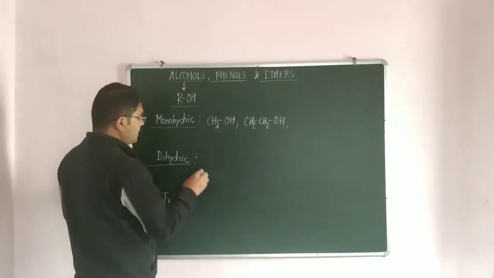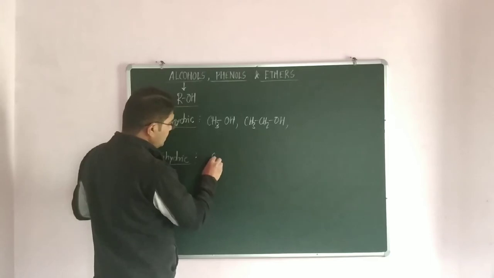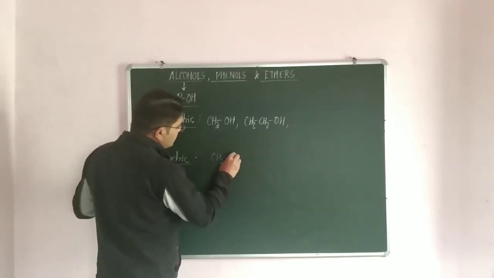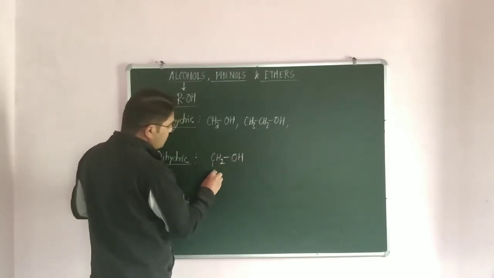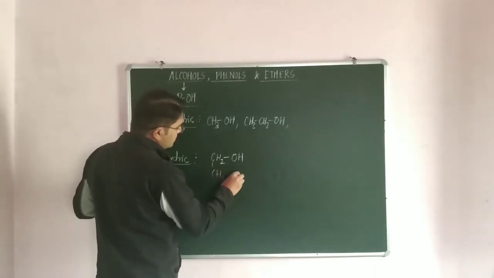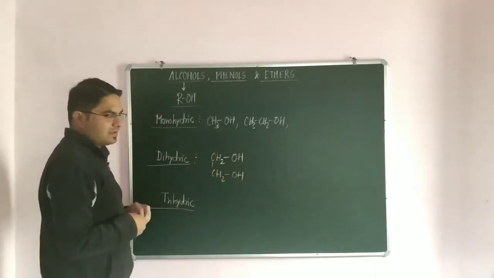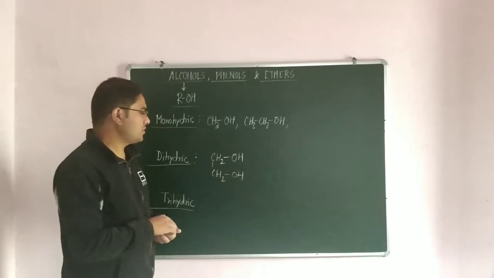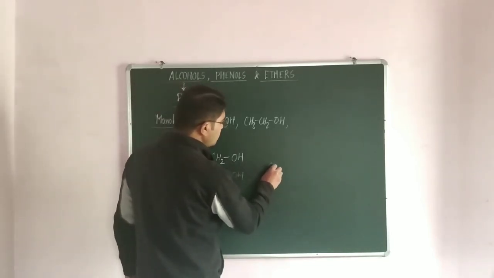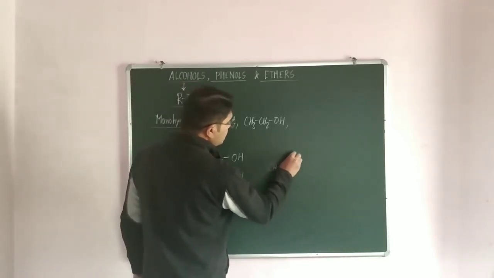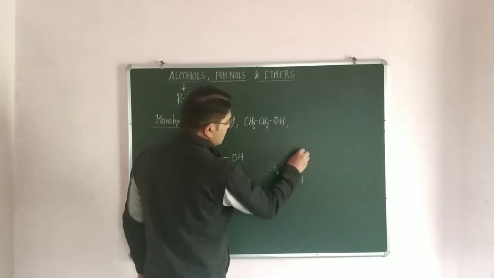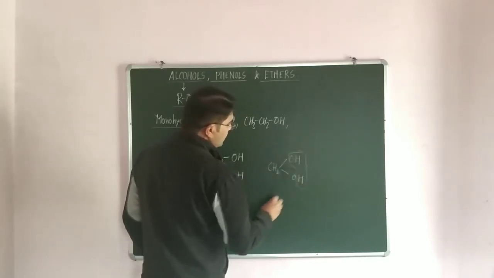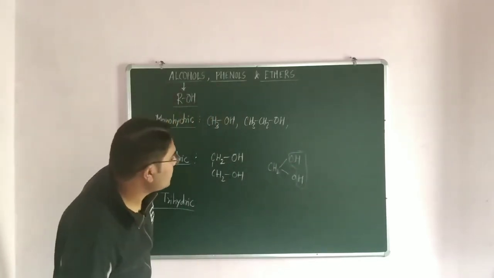In case of dihydric alcohol, the least possibility we have is that two OH groups are attached to carbon atoms, and for that we use two carbon atoms, because on a single carbon atom it is not possible to write two OH groups. These are unstable and lose a water molecule to form other compounds.